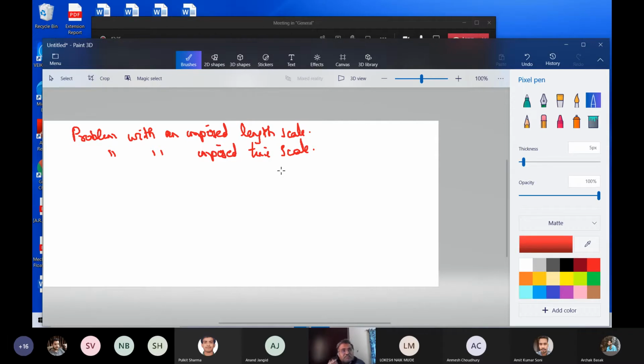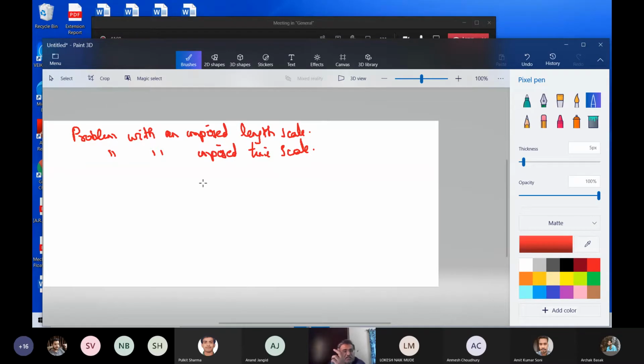The best and simplest example of a fixed time scale is Earth itself. Earth rotates on its own axis. So all the fluids, whatever is there in the atmosphere and in the oceans, all rotate and are imposed by a time scale of the order of Earth's rotation.